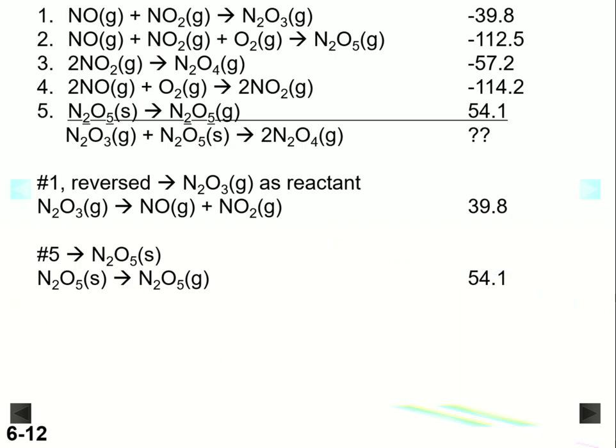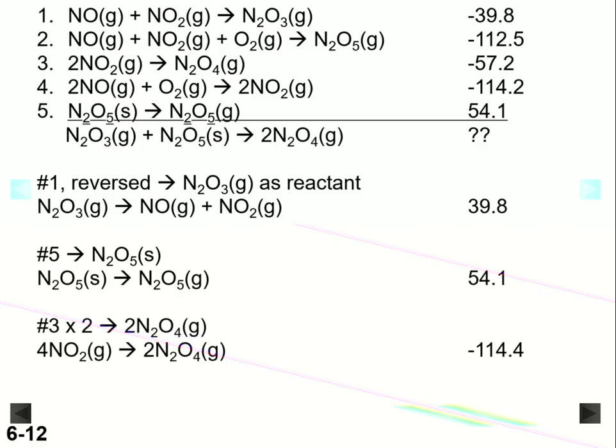So we can use reaction 3, but we need 2 moles of this because we need 2 moles of N2O4, and reaction 3 only has 1 mole of N2O4. So we multiply the entirety of reaction 3 by 2, and therefore the standard enthalpy for that process needs to be multiplied by 2 as well. So that gives us 114.4. That is 2 times negative 57.2.